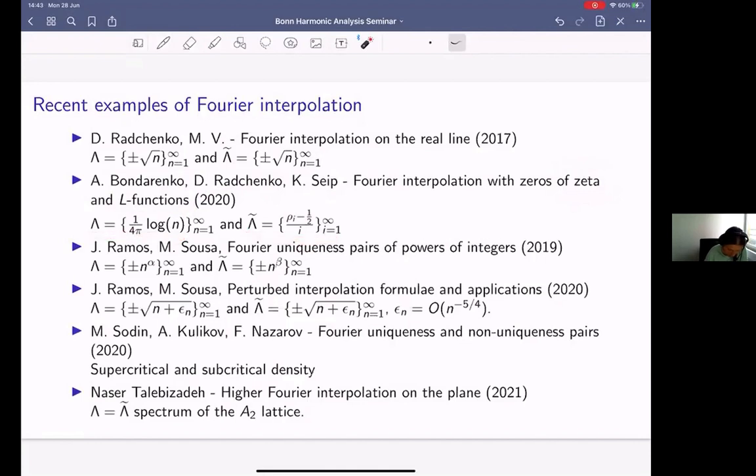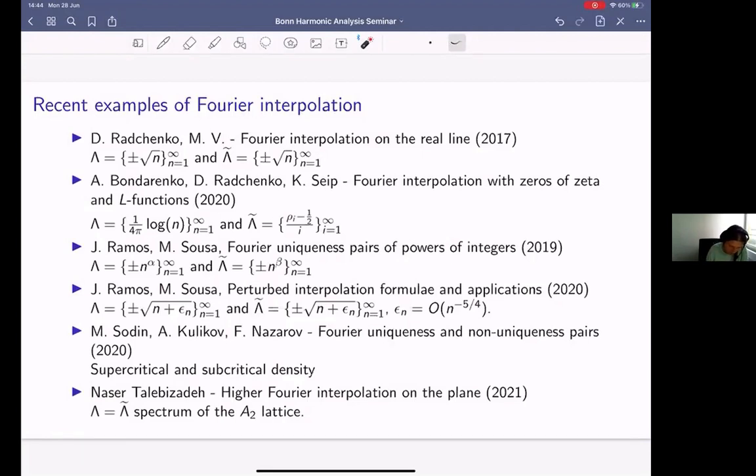The first set is the logarithms of integer numbers, and the second set is the imaginary parts of the non-trivial zeros of the corresponding zeta function or L function. And what they show is that interpolation is also possible in this case for a specific subspace of functions which they describe in their paper.